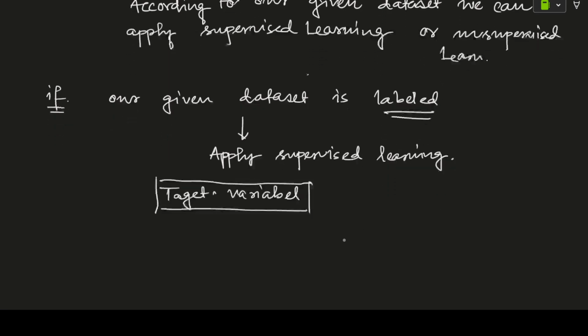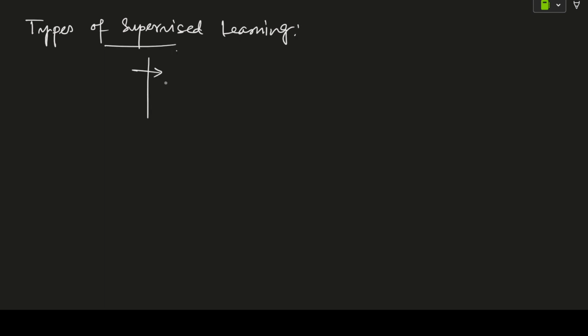Now, what are the types of supervised learning? Basically there are two types of supervised learning. First one is regression and second one is classification.